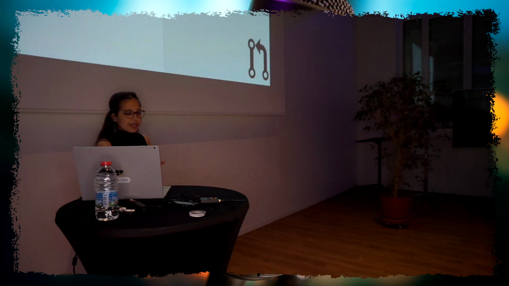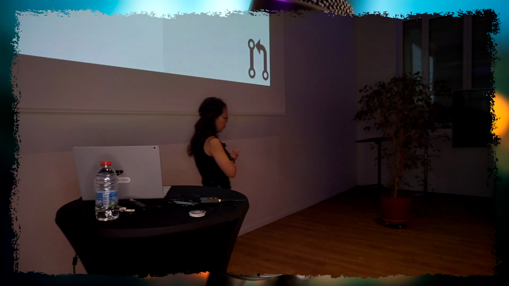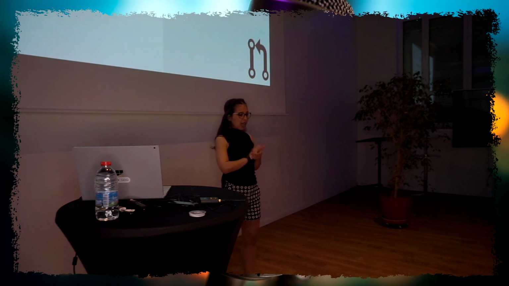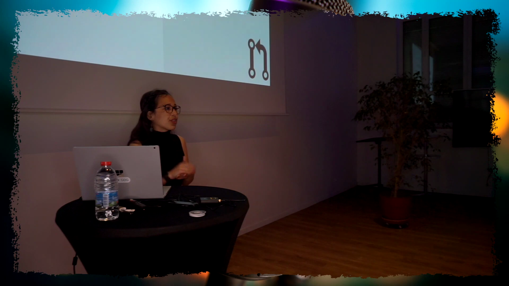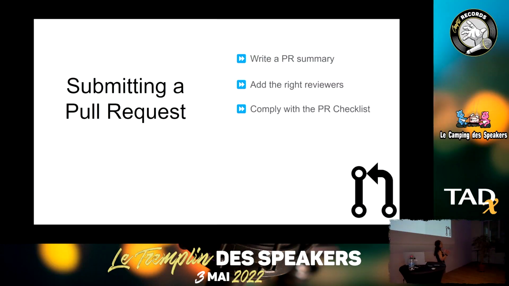The third point is, before submitting any pull request and asking people to give their opinion, I should make sure that my pull request complies with a predefined PR, pull request, checklist. For example, in this checklist, I should always provide unit tests and make sure that my code passes all the tests.